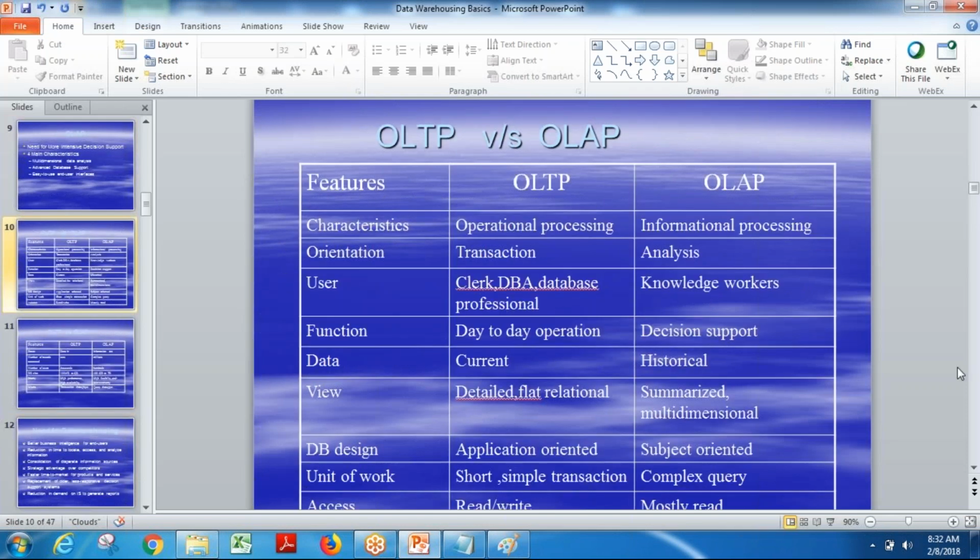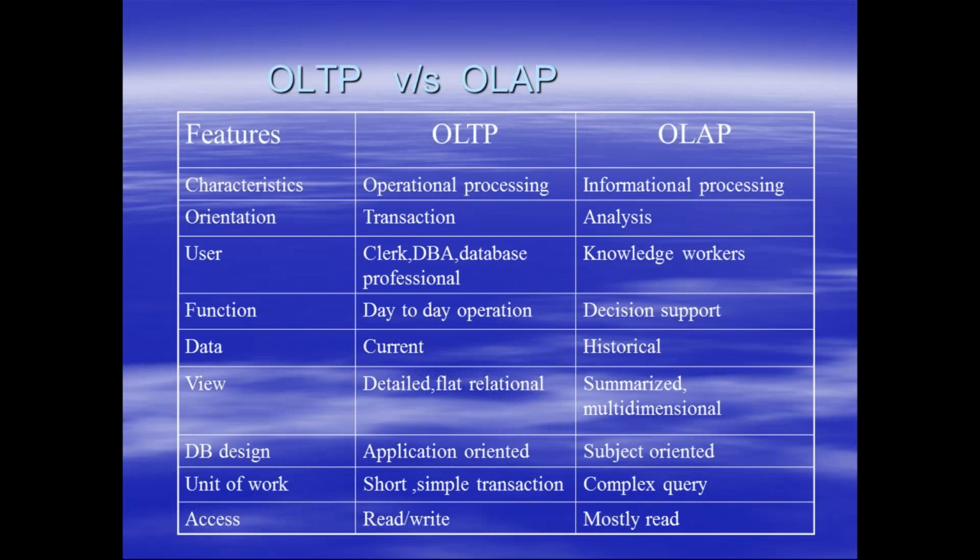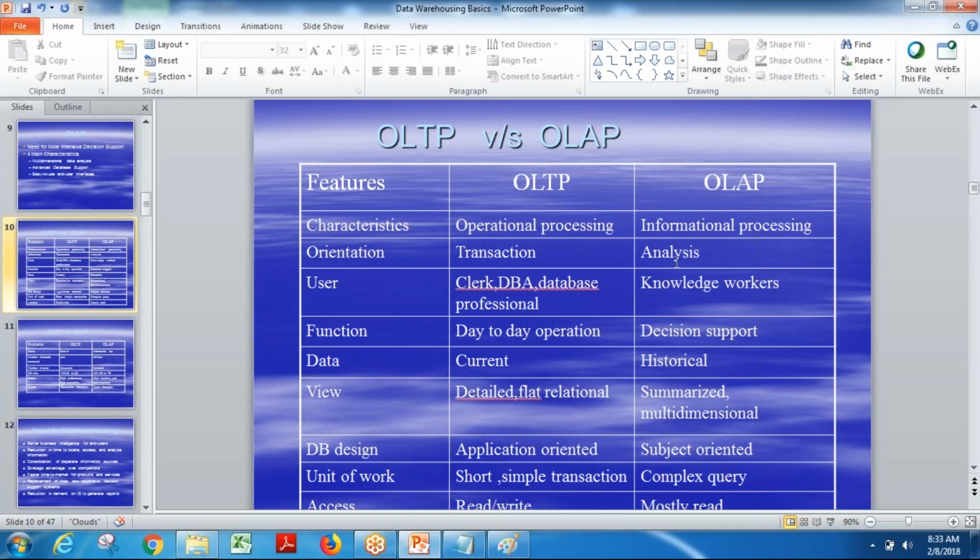Your OLAP systems do store the historical data over a time period. So let's understand some of the characteristics. This is just for our understanding, to differentiate what OLAP is suitable for and what OLTP is suitable for.